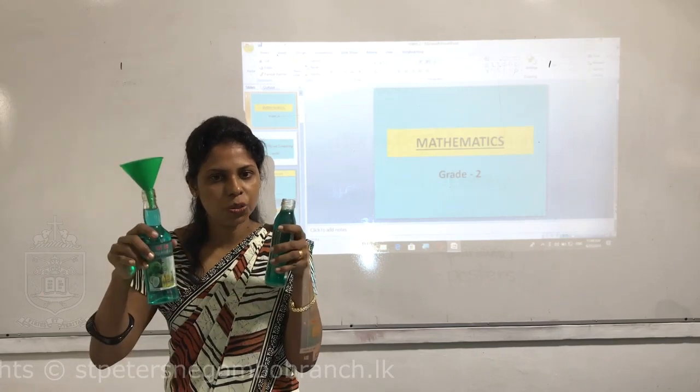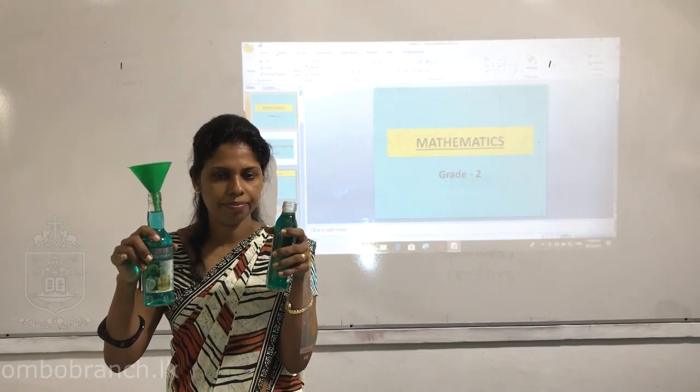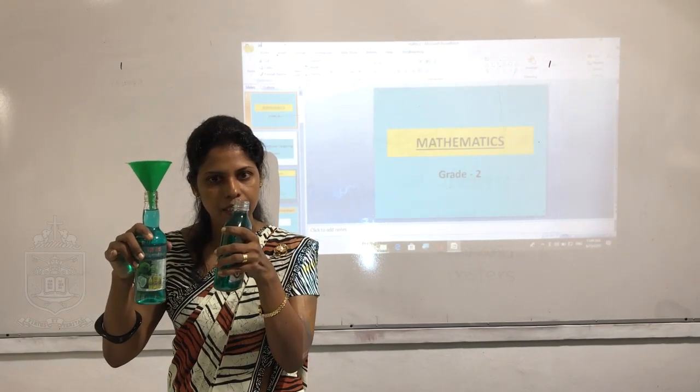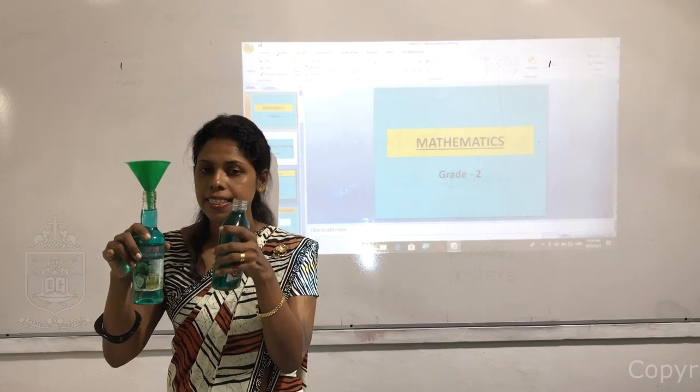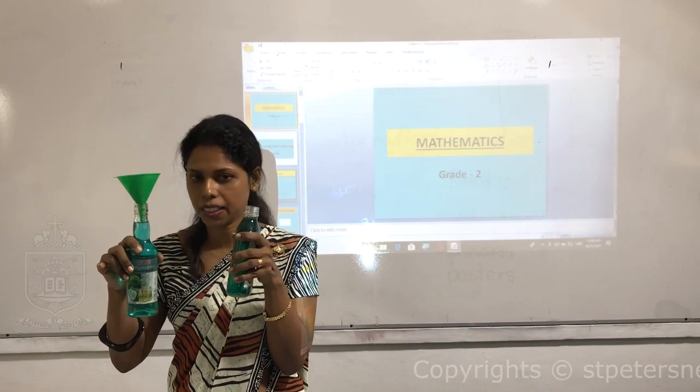And these two bottles have the same capacity. So these two bottles hold 6 yogurt cups of water. 6 yogurt cups of water.